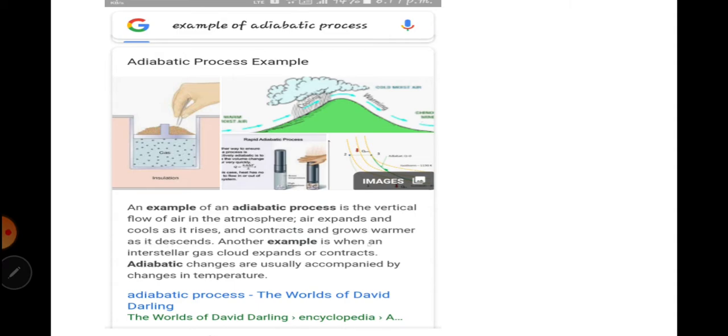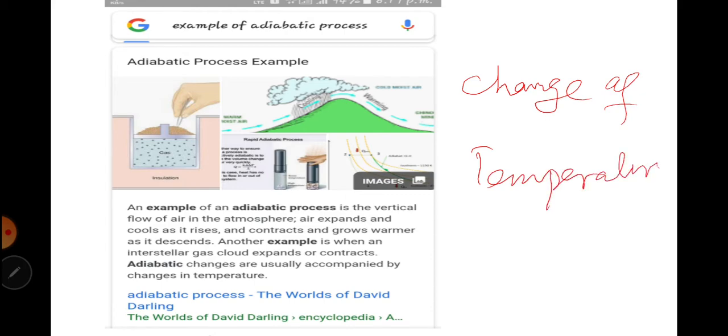Another example is when interstellar gas clouds expand or contract. Adiabatic changes are usually accompanied by changes in temperature. A change in temperature will take place during an adiabatic process.